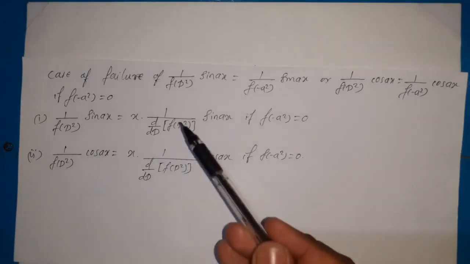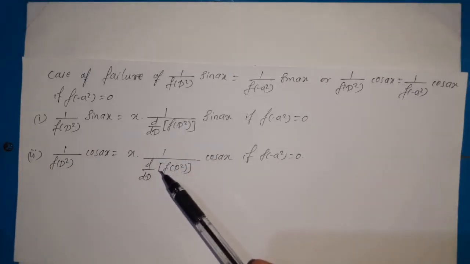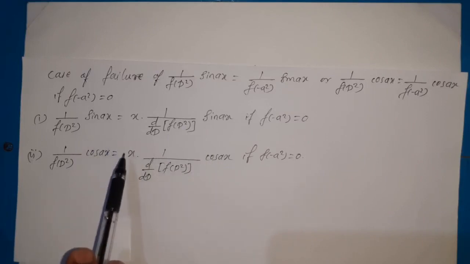Here we need to differentiate the denominator with respect to D, and in the numerator we need to consider x. So it is the formula to evaluate when the denominator of the function is 0, means 1 divided by f of minus a square.